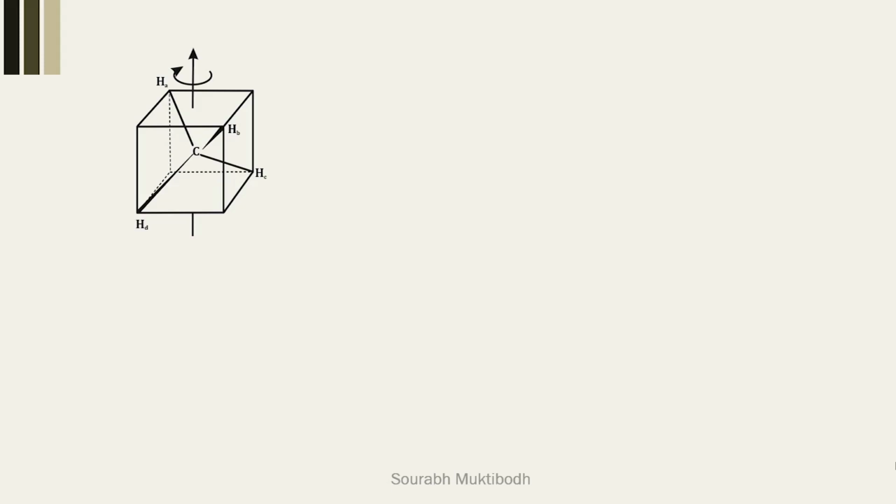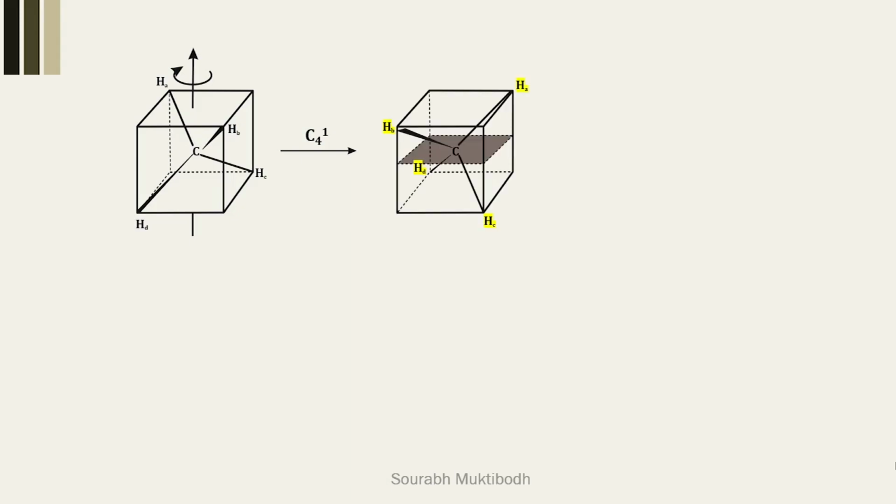Just notice in the structure, if we rotate this molecule by 90 degrees, that is, if we perform a C4 rotation through the axis that has been shown, you find that the positions of these hydrogens have changed. HB has changed to a new position where there was no atom previously. Similarly, HA has occupied the place after the plane, and the lower hydrogen atoms have also been changing their places.